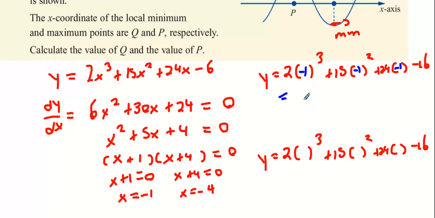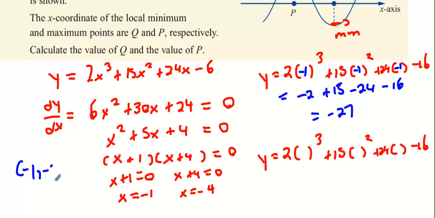So this one is going to be minus 2. This one's going to be plus 15. This one's going to be minus 24. And that one's going to be minus 16. So I'm thinking what I'm getting here is minus 40, minus 27 is what that one is. So the answer for the minimum is going to be minus 1, minus 27.